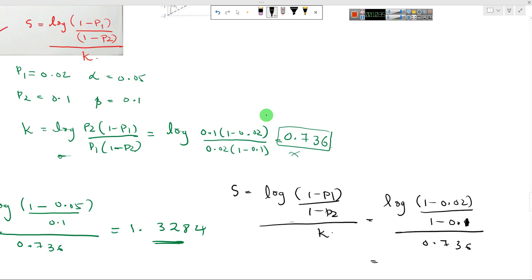Log of 1 minus 0.02 divided by 1 minus 0.1.